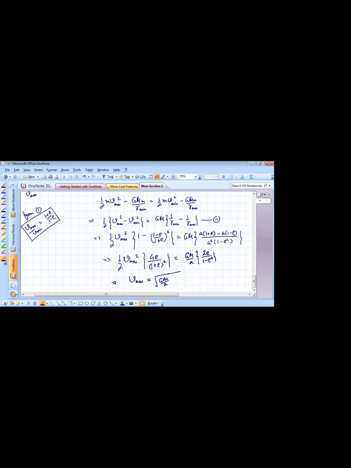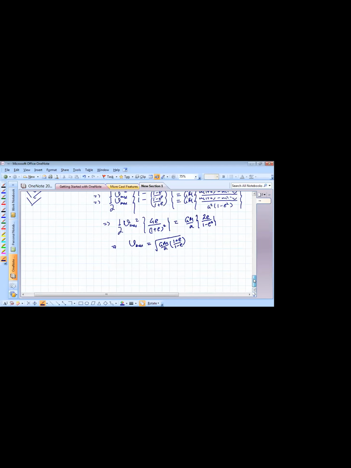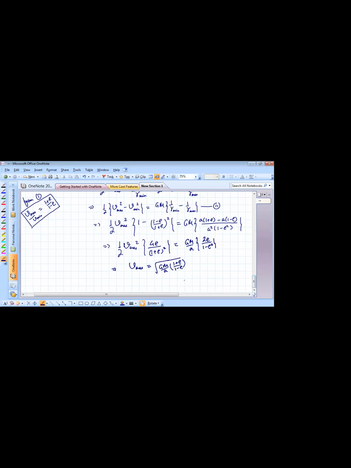Okay, so understood? So angular momentum now is m v max into r minimum.